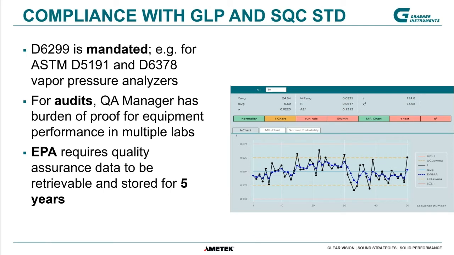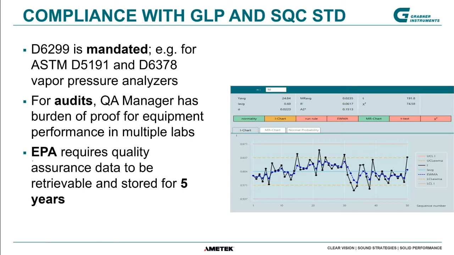Compliance with good laboratory practice and statistical quality control standards. That's especially mandated for the vapor pressure testers and other physical property tests, and is important for audits, is important for the quality assurance in bigger companies to prove the reliability and the performance of the equipment.